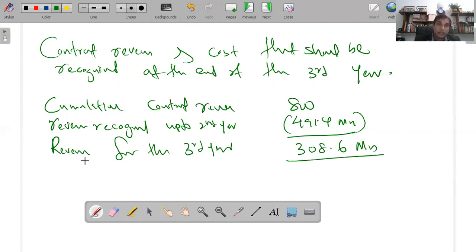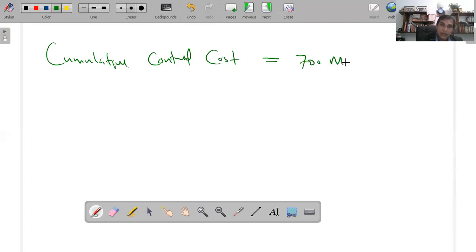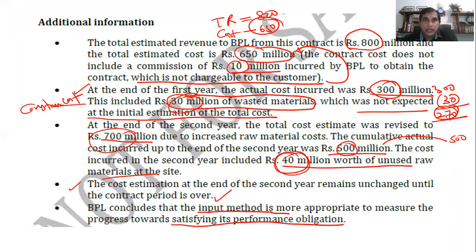Then I would like to emphasize the cumulative contract cost. Cumulative contract cost 700 million. Examiner has mentioned the same estimation need to be used for the third year as well.